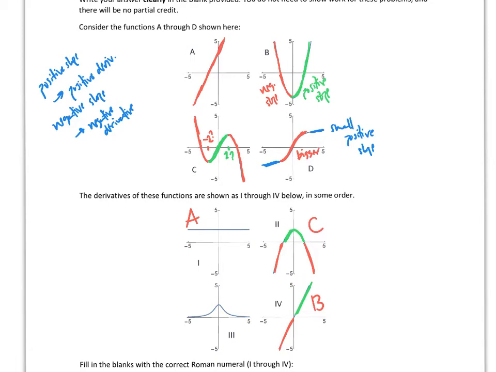Those tangent lines would be getting steeper there in the middle. So we're looking for a derivative graph that has small positive values on the ends, and then bigger positive values in the middle. And that's exactly what we get in graph number 3. Here we have small positive values on the ends, and then bigger positive values in between, and so this matches up with function D.